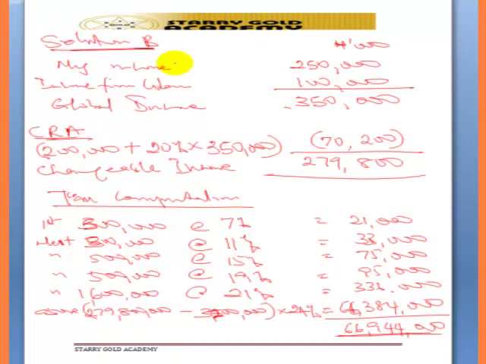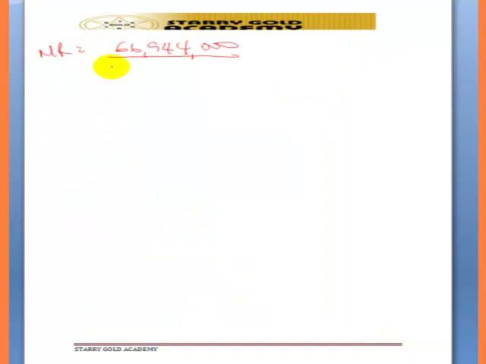It will be 66,944,000 all over the global income, which is 350 million, times 100 over 1, is equal to 19.13%, approximate to 19%.